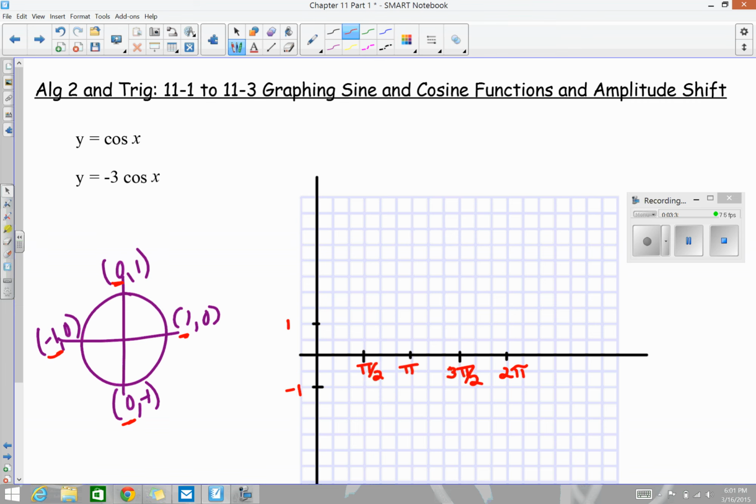Negative 1, positive 1. 1, 0, negative 1, 0, 1. And that's your basic cosine curve.